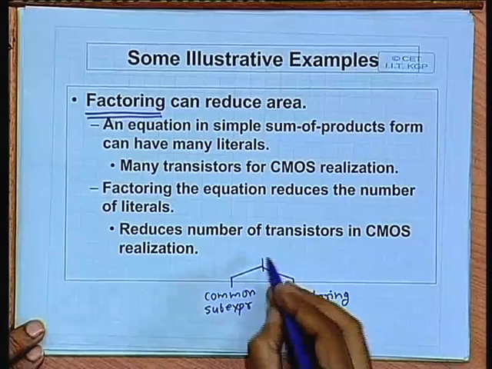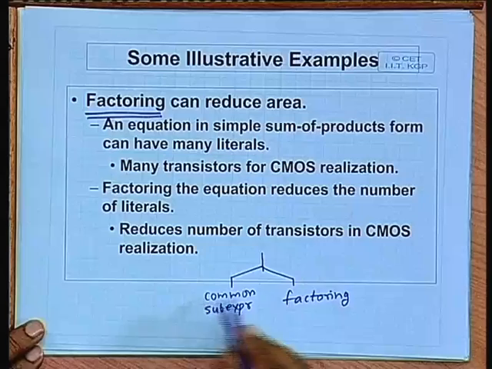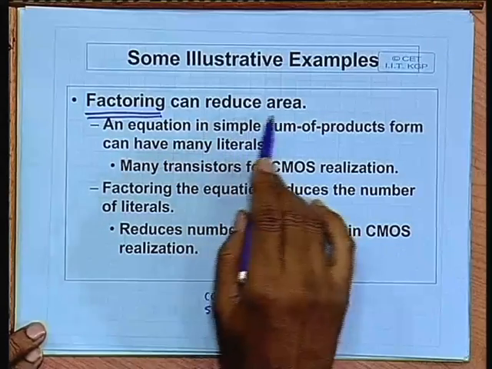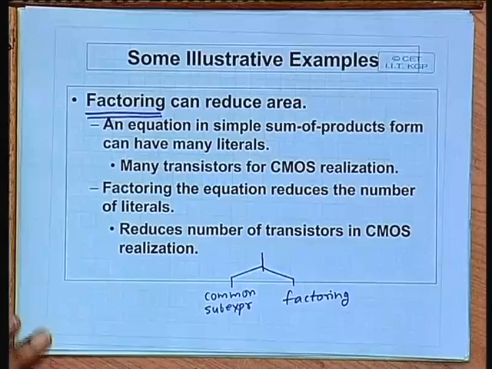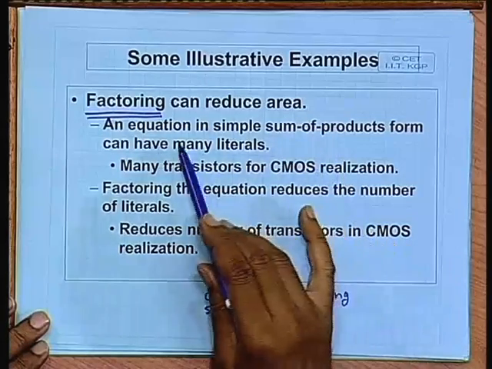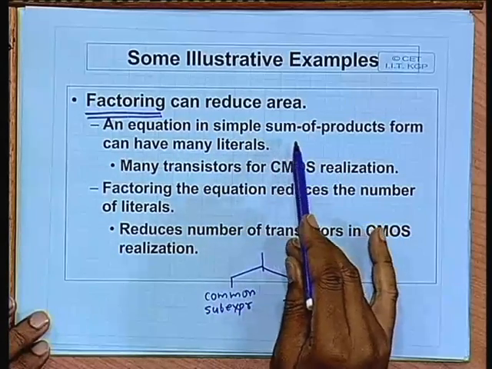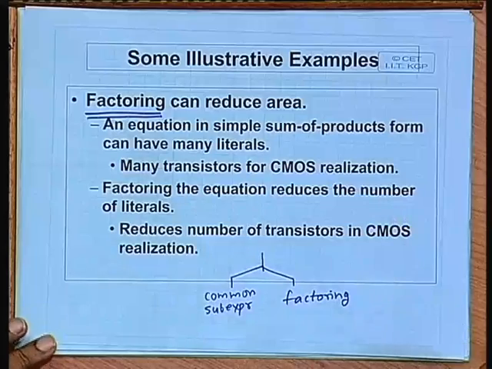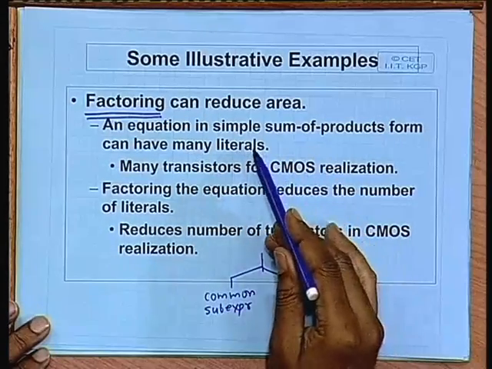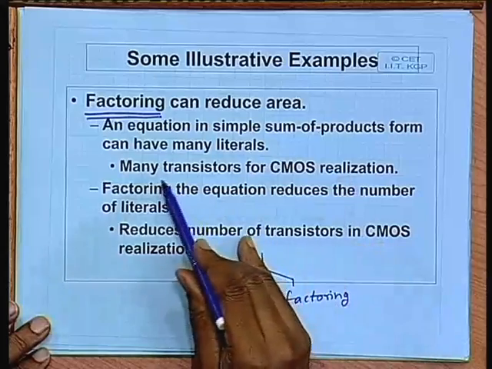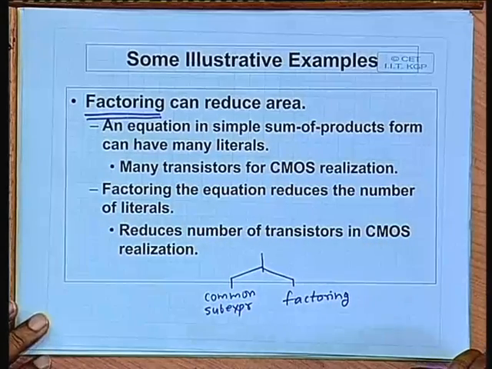So, our ultimate target is to do some kind of global optimization technique which can lead to a reduction in area. Now, an equation may be given in simple sum of products form. It will have literals, and from the literals you can immediately count the number of transistors for CMOS realization.